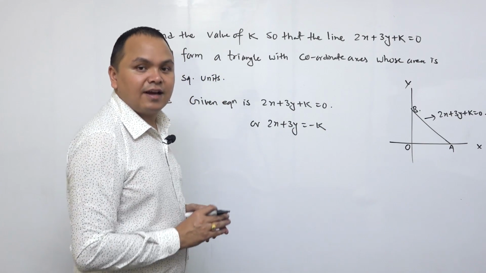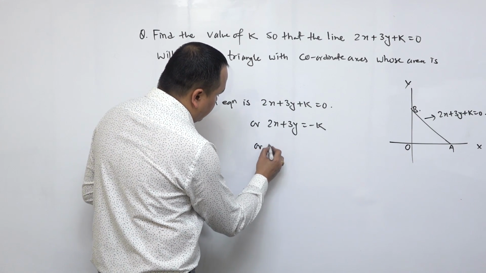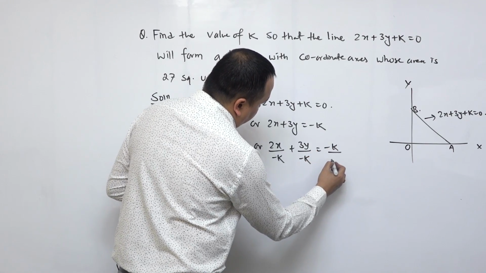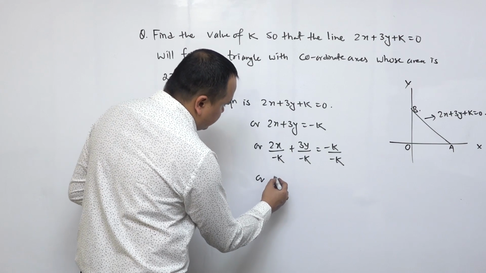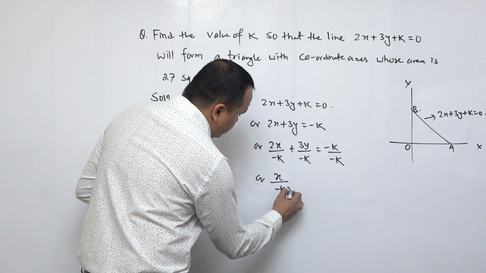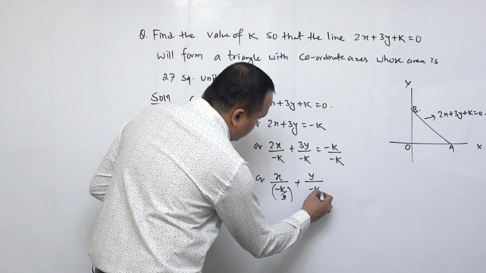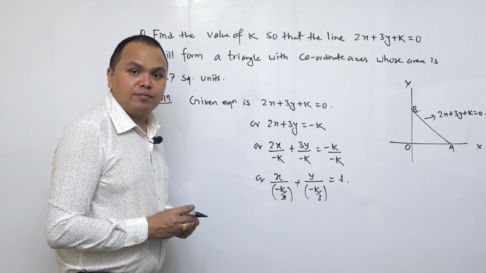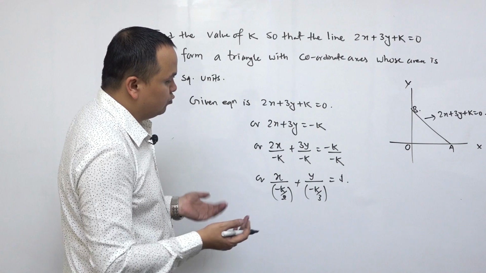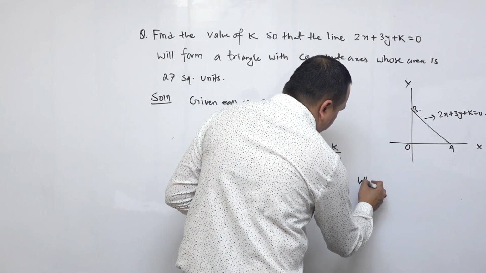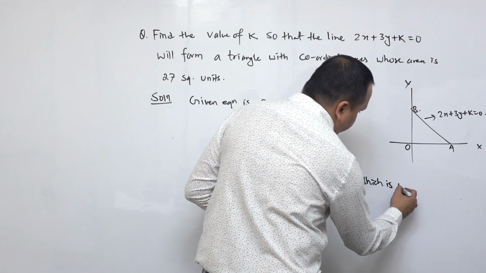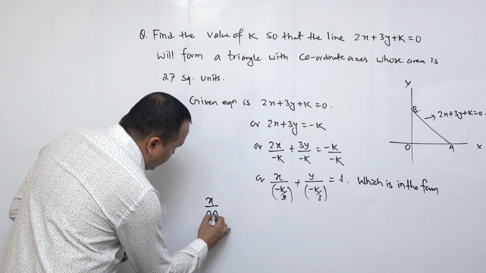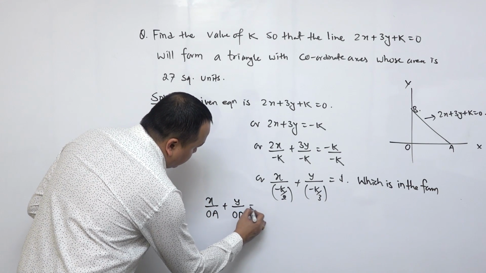Now, dividing both sides by minus k, this is x by minus k by 2 plus y upon minus k by 3 is equal to 1, which is in the form x by a plus y by b is equal to 1, which is in the form x by OA plus y by OB is equal to 1.